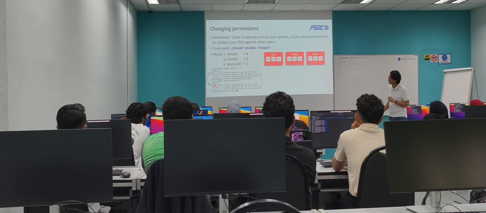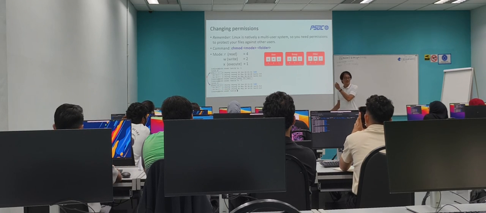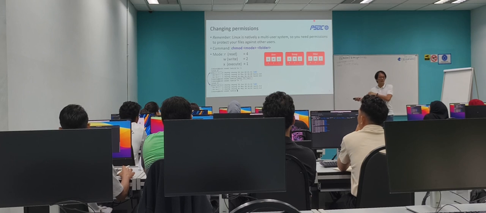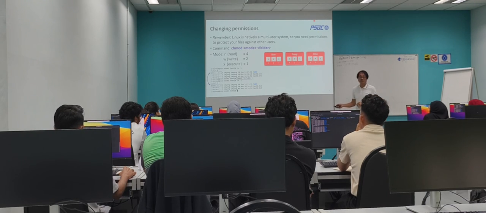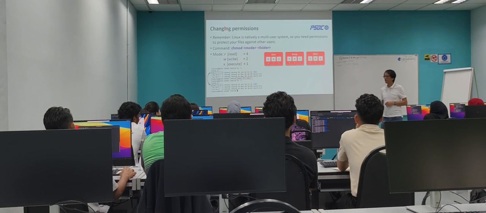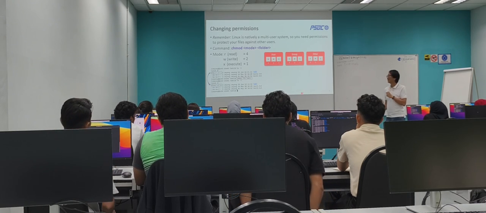Then the second group. You can see the group here has only read and a dash, there's no write. That means if you all belong to one group, this permission will apply to that file for you. So if you belong to that group, you can read, but you cannot write it.